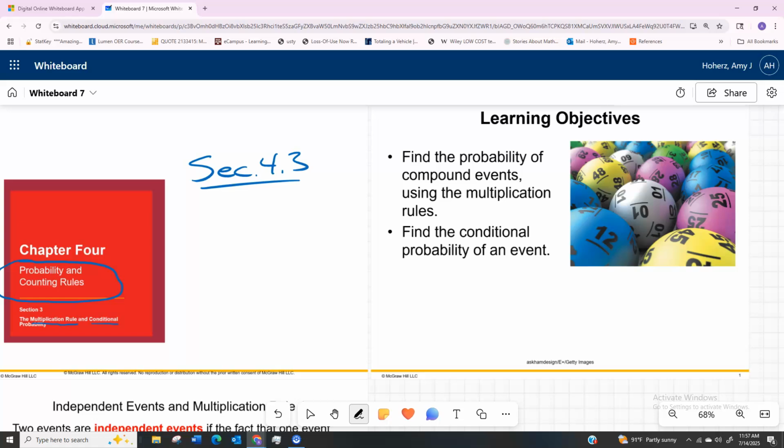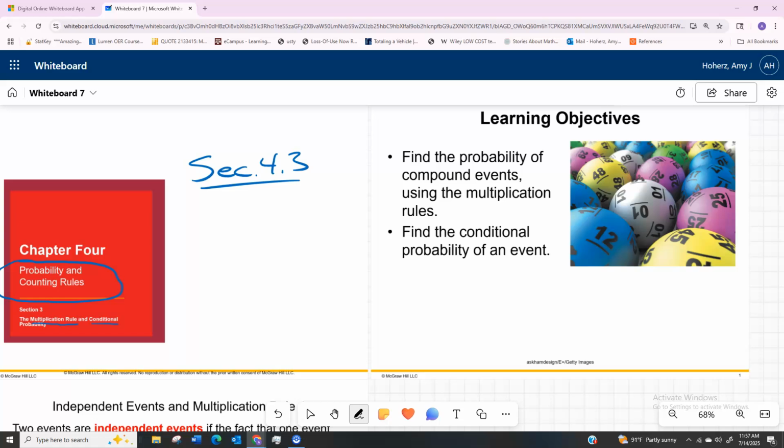So for instance, in our example of drawing a ball out of a box, replacing that ball, and drawing again, we talked about a red ball and a blue golf ball in the box and doing 3 draws. That would be a compound event because we're doing 3 draws and not just 1.